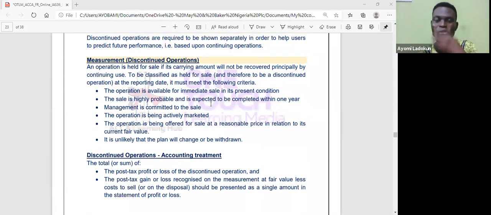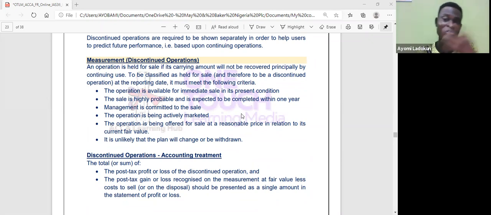Now, if I have a discontinued operation that I need to classify as held for sale, certain conditions must be met. The good news is that it's the same conditions that we learned under assets held for sale. But here, you will now say the operation must be available for immediate sale in its present condition.